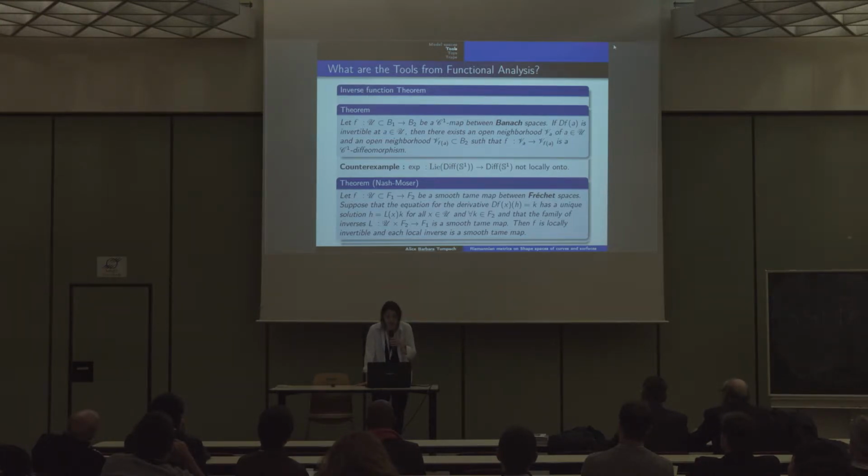But there is a version of this inverse function theorem in the setting of Fréchet spaces, and there you have to add some condition, just because of this counterexample with the Lie algebra of the group of diffeomorphisms. And so the conditions are that the nonlinear map between your two Fréchet spaces has to be smooth and tame.